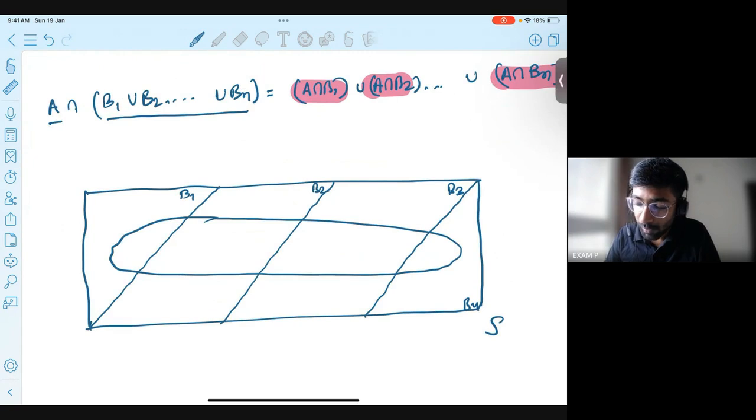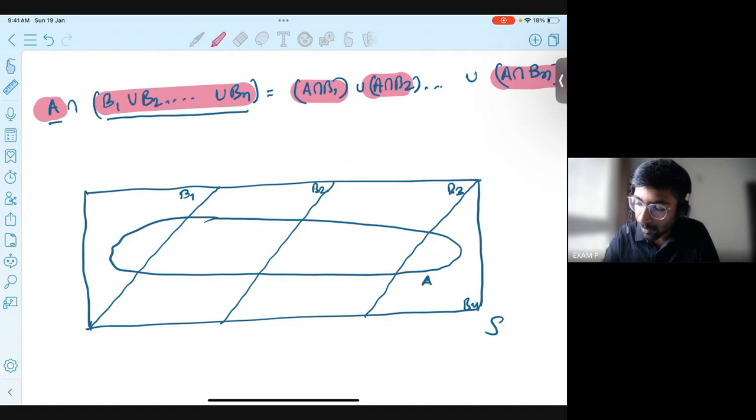We tried to find the intersection of A with the entire union of these B events, right? A intersection means the common part of A and the union. If this is event A, the common part between A and the union of everything is the entire set A, just that there are different parts to it.